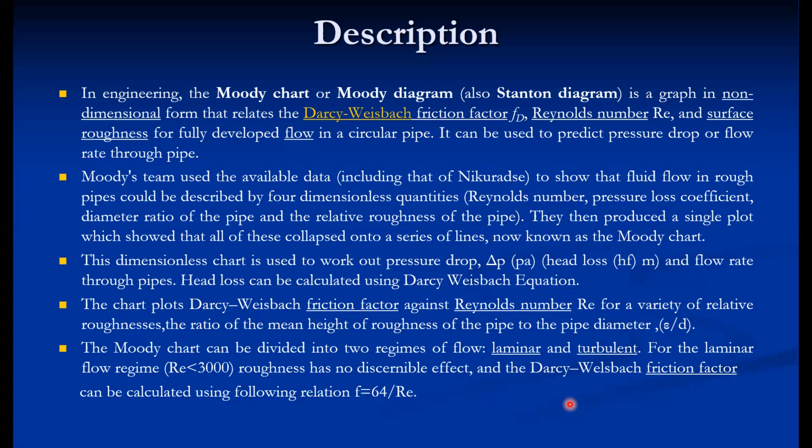So this is actually for f dash, that is 64. If we have to use it, it is 16 by Re in some cases. For turbulent flow, this equation is used. If we do not have a chart, then the equation can also be used for getting the value of f.